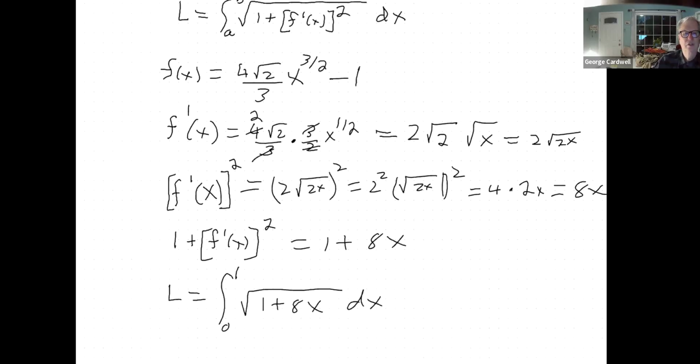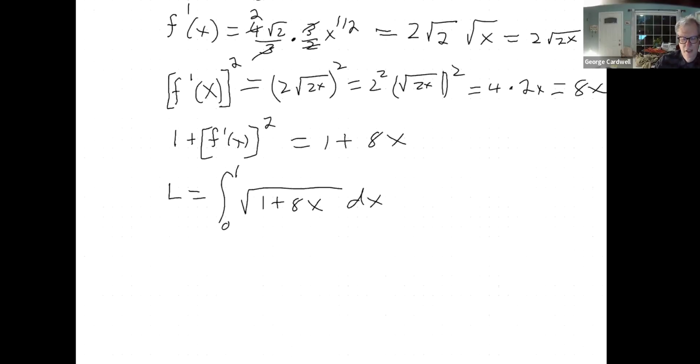So now doing this integral is not too hard because it becomes the integral from 0 to 1, take the square root, write it instead as to the 1/2, and then dx.